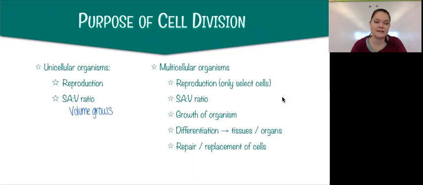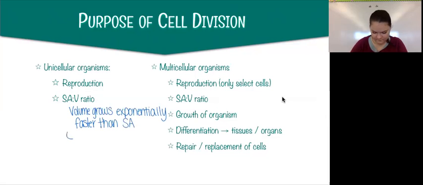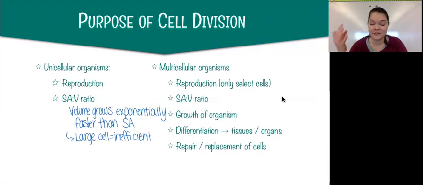So that volume is going to get exponentially larger compared to the membrane. Okay, so as these cells grow bigger and bigger and bigger, they get less and less efficient, and they finally reach the point at which they have to divide in order to continue to function.